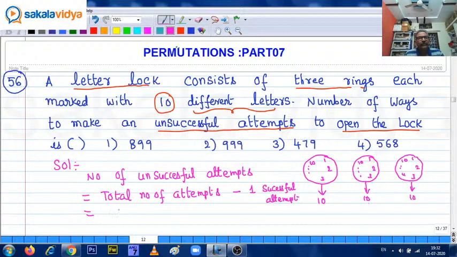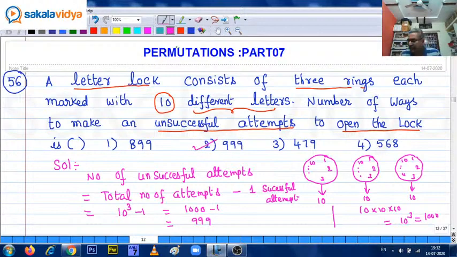This is 10 cube minus 1, because this can be done 10 into 10 into 10. 10 cube, whose value is 1000. So 1000 minus 1 is 999. That means the second option is the right option. Okay, understood now? I hope everybody understood this one.